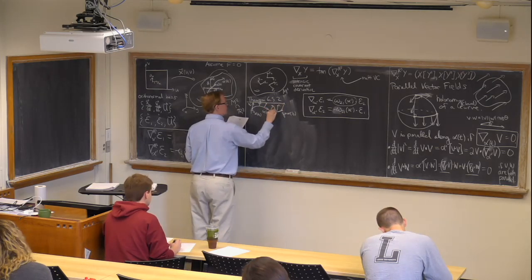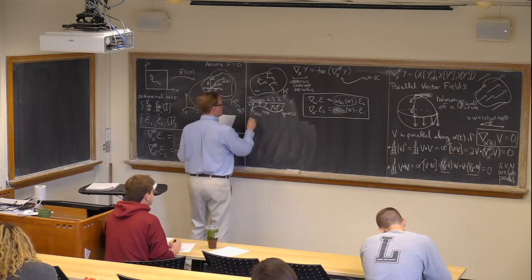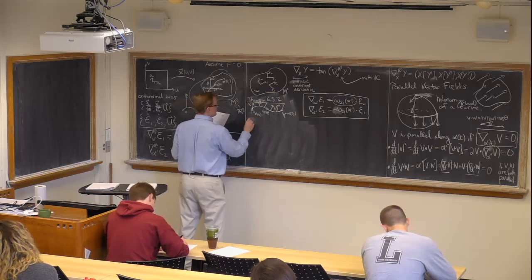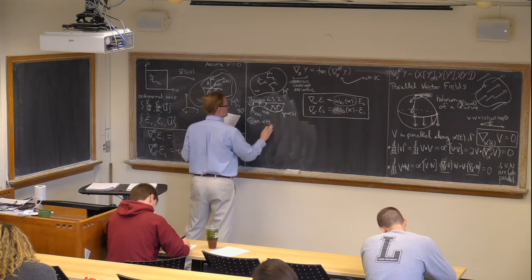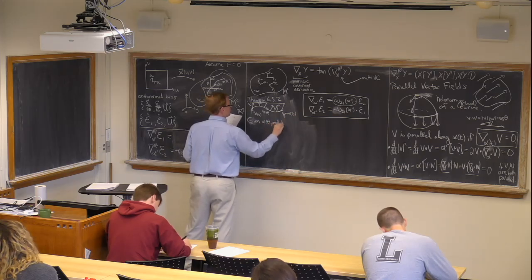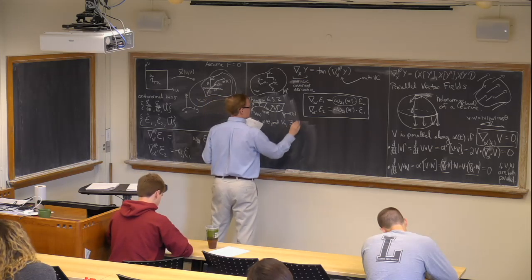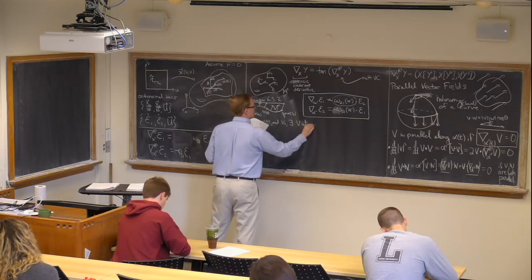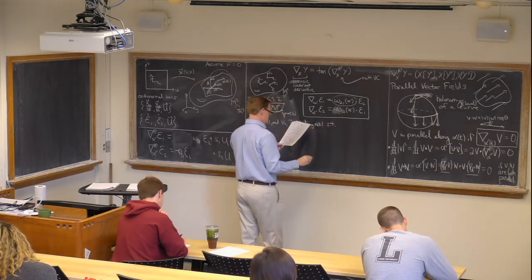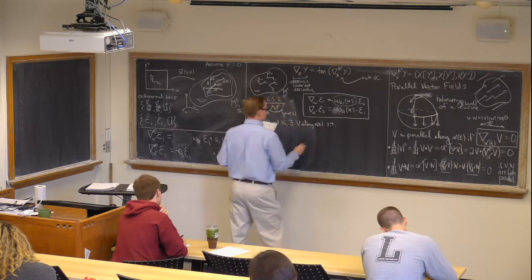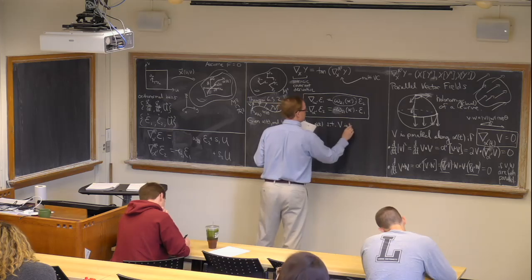So given alpha of t and V naught, there exists, that's the backwards E, right? A vector field V defined along alpha of t such that V is a parallel vector field.